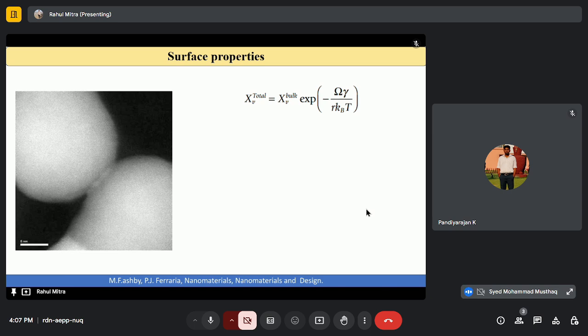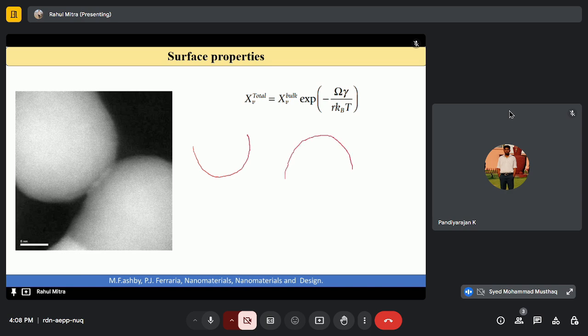For example, you can have a convex curve, or you can have a concave curve. So depending upon the curves, how the mole fraction of vacancies, or the vacancies that are present on the surface of the body, will change. Let's say we have a concave surface like this, and a convex surface like this.